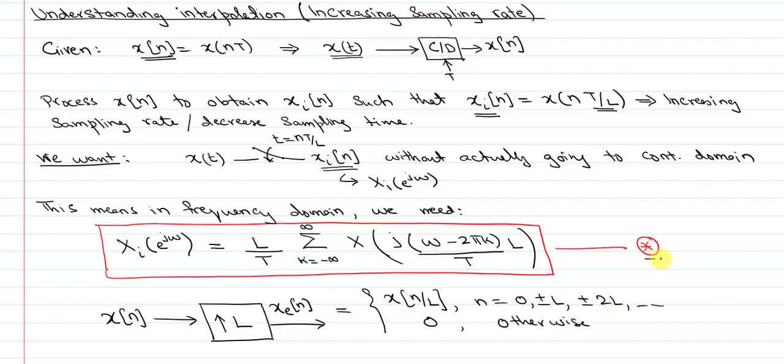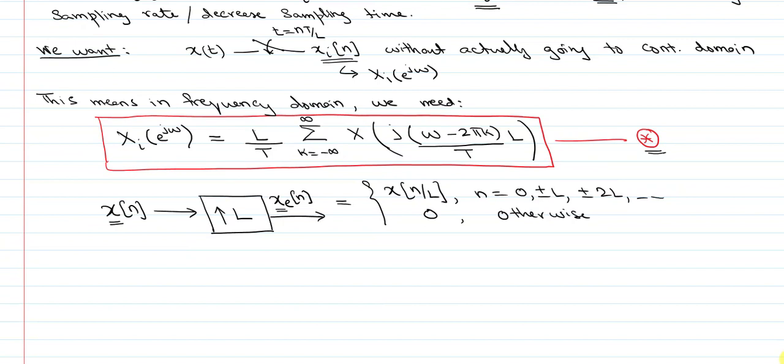We are interested in this star relationship, so what we are going to do is first find out what is the DTFT of this expanded sequence as a function of x[n] and then as a function of x(t). And then we'll see how far away we are from our desired DTFT, and we will see that a simple operation will then get us to the desired DTFT.